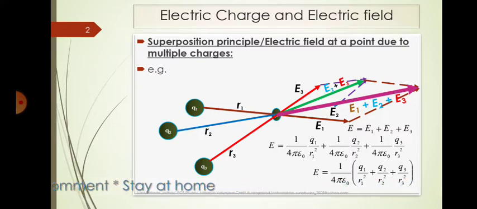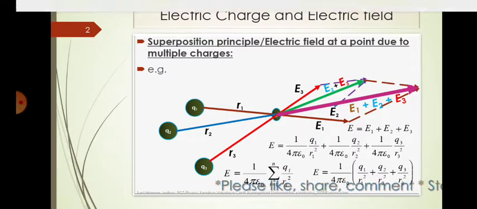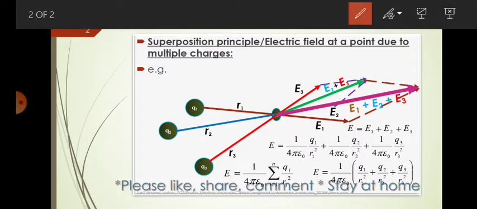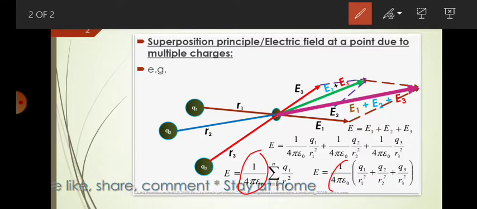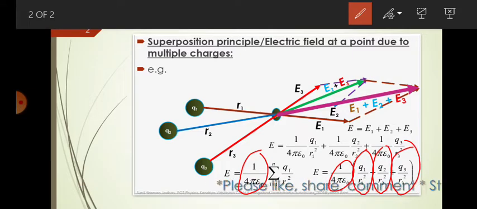Now if we have n number of charges, then we can modify this equation into a generalized form like this. We have taken 1 upon 4 pi epsilon 0 common, and inside we have Q1 upon R1 square plus Q2 upon R2 square plus Q3 upon R3 square and so on.